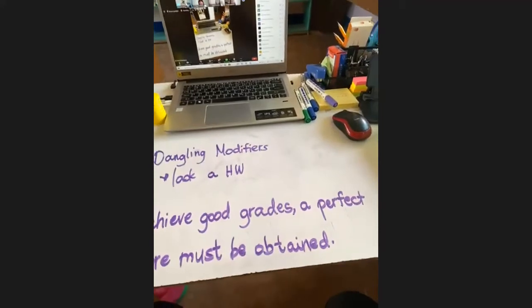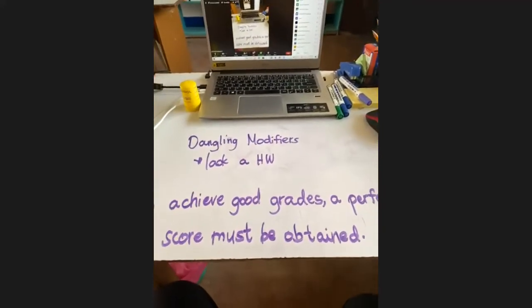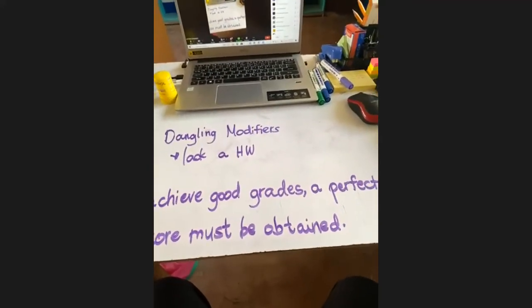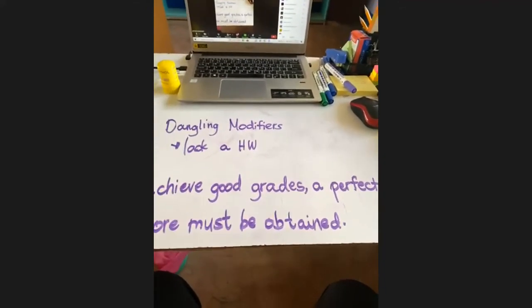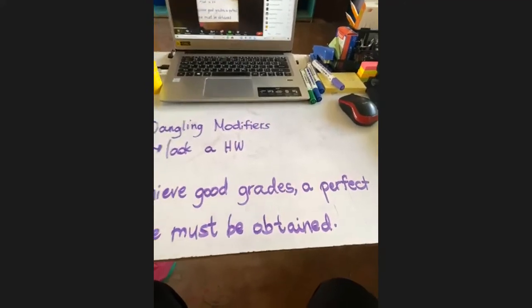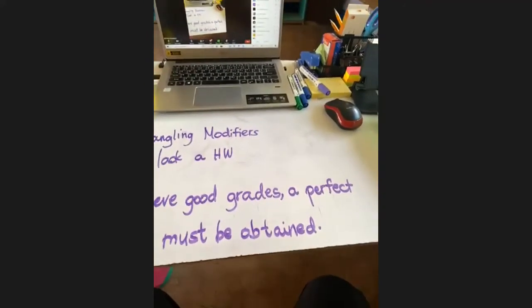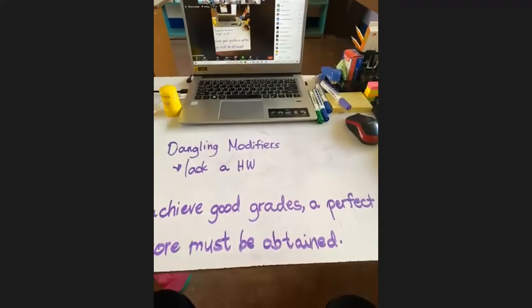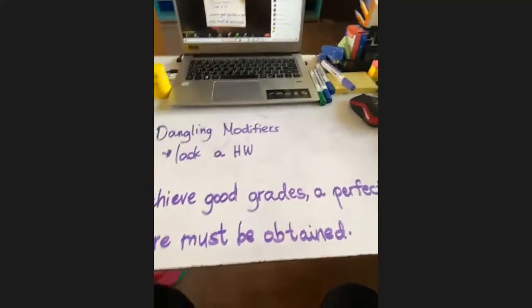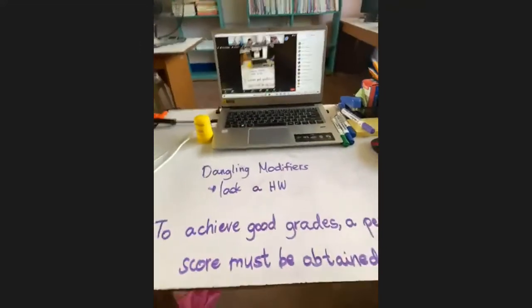Here's the beauty with dangling modifiers. There is almost an infinite way of revising a sentence that has a dangling modifier. Meaning, there is no fixed statement as a revision to a sentence with a dangling modifier. What is, by the way, our dangling modifier here?